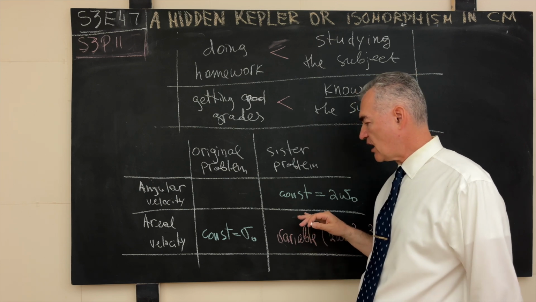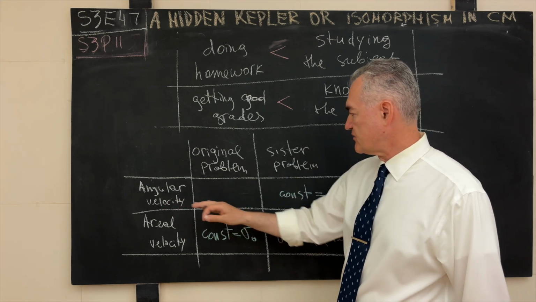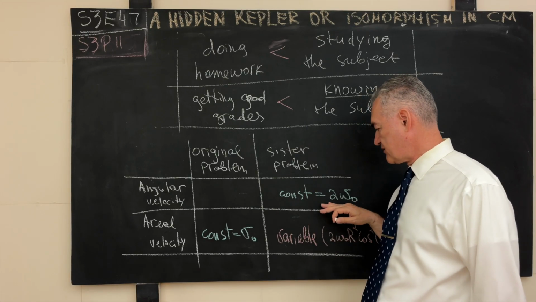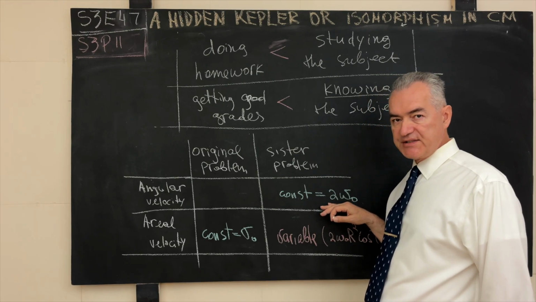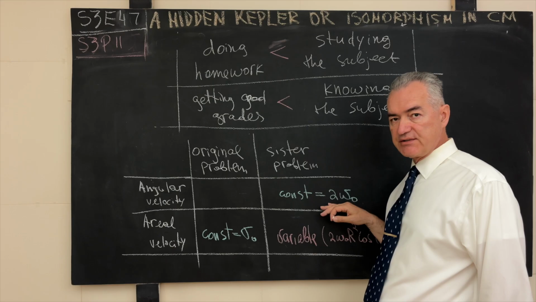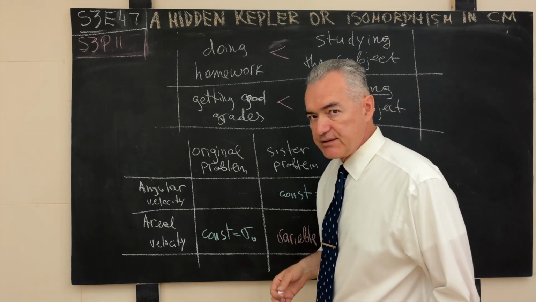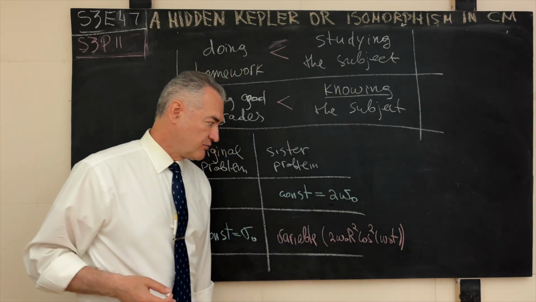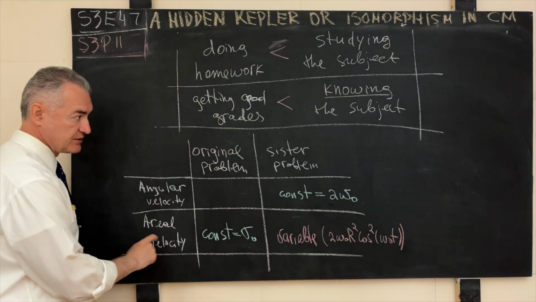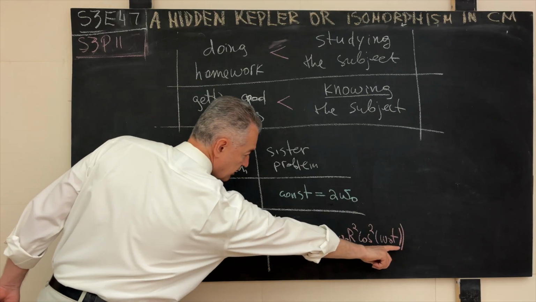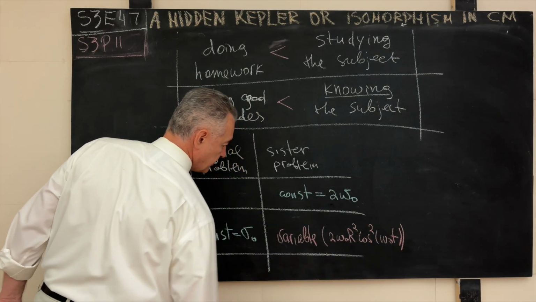So what is the deal with the angular velocity in the sister problem? Remember, the angular velocity was twice the constant angular velocity of the rod, and that means it's a constant. And its areal velocity, we computed the areal velocity in our sister problem, was a variable quantity over time. It varied.